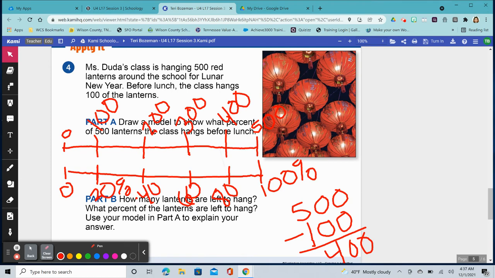Well, that would be 80%, right? You could look at it that way. Or you could say, well, they've hung up 20% of the lanterns, so 100% minus 20% leaves you with 80%. Just make sure that you explain it however you did it. All right. So that answers number 4.